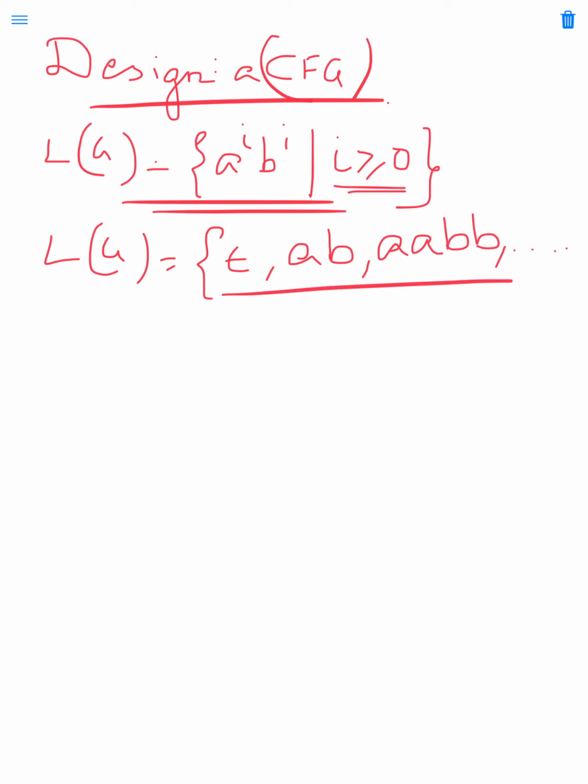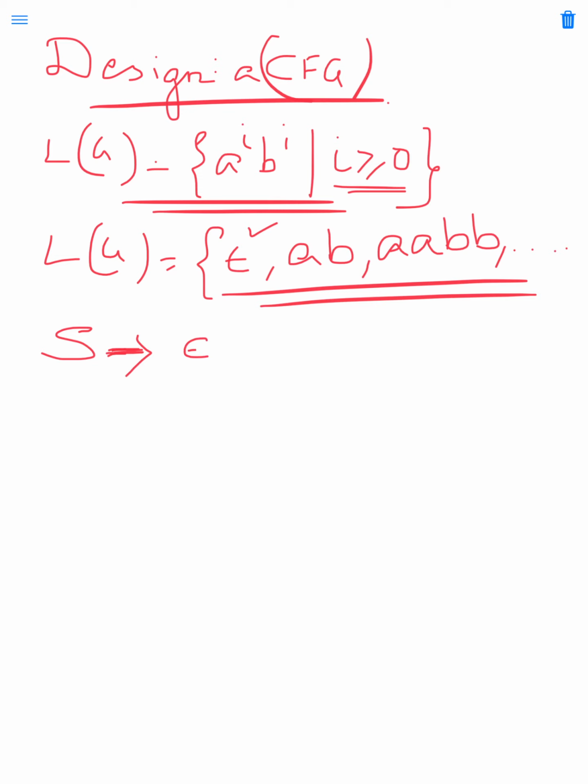So this set of strings need to be derived from the grammar that you are going to design. So how will you be able to design the grammar? As we have learned, it will be having a start symbol S. And the right hand side should be like epsilon is an element of the language.